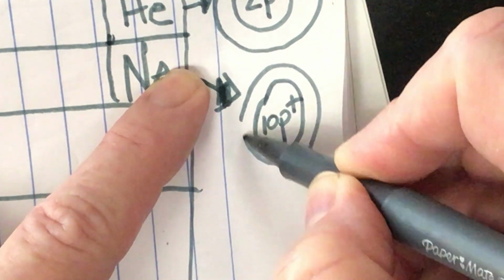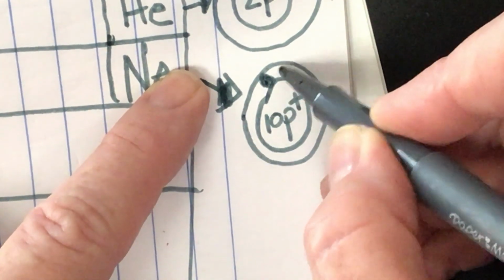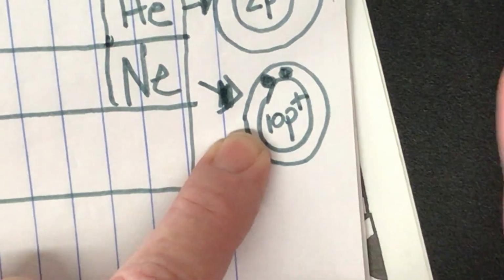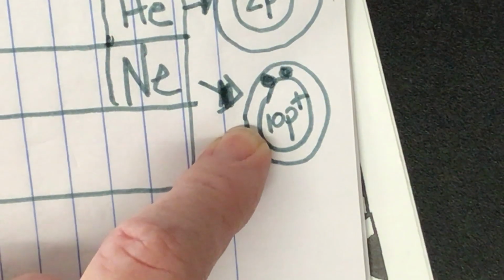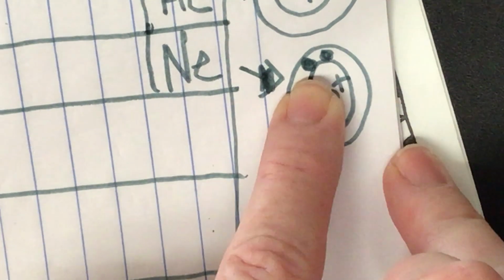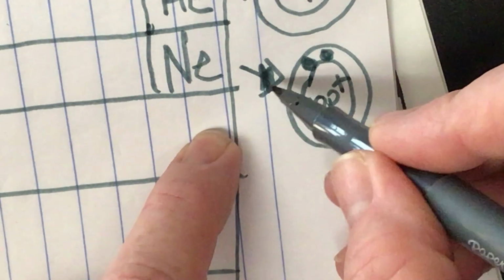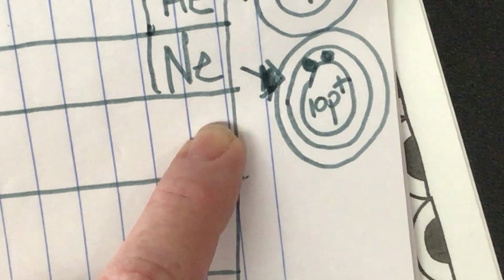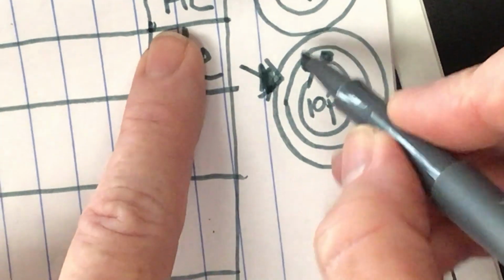I think on your CFA you're going to take, it's going to say if you've got a certain number of protons, how many electrons will it have? Protons and electrons in 8th grade science are going to be the same. So it's a full outer shell, right? We can't squeeze 8 more in there, so we make another energy level. And we need 8 more.